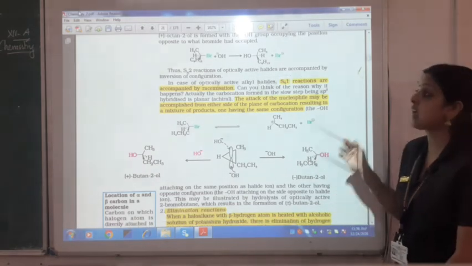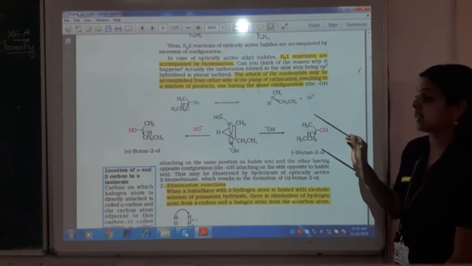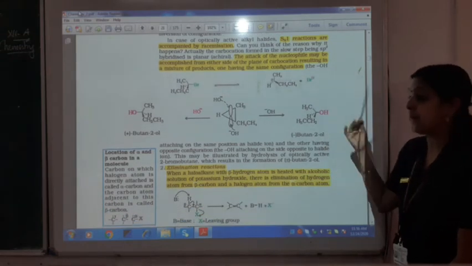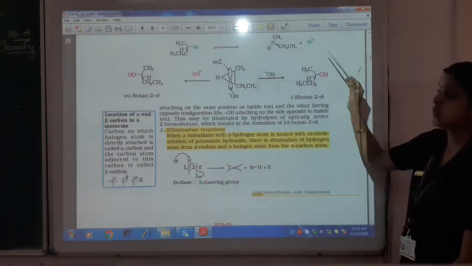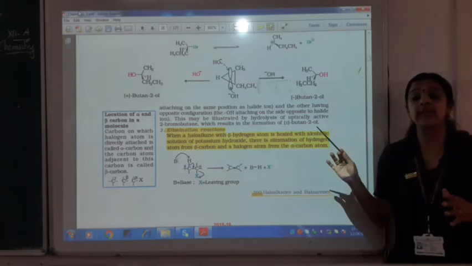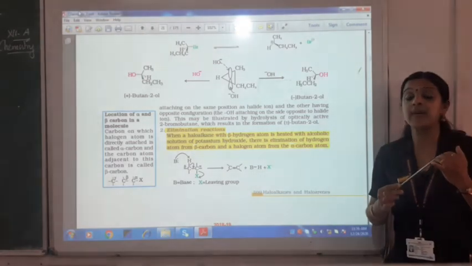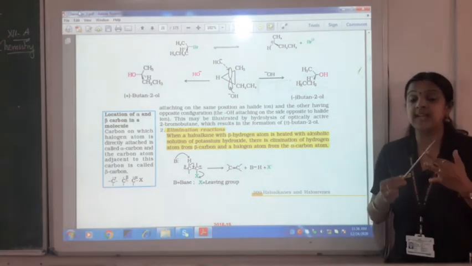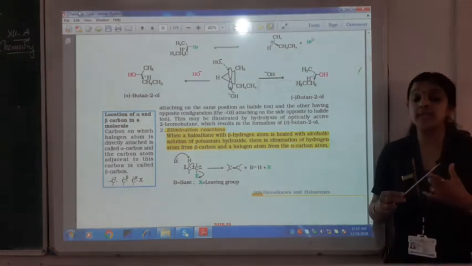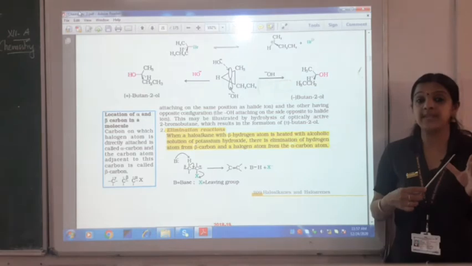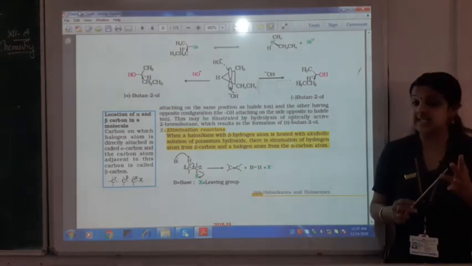It depends on the position of the attack, from the front side or the back side. Okay. So till now we have learnt about stereochemistry, that is optically active compounds, enantiomers, chirality. We learnt about racemic mixtures, also about racemization with SN1 and SN2.